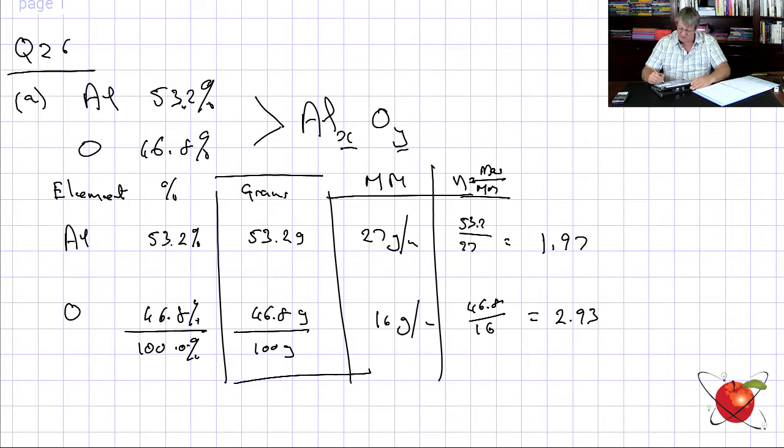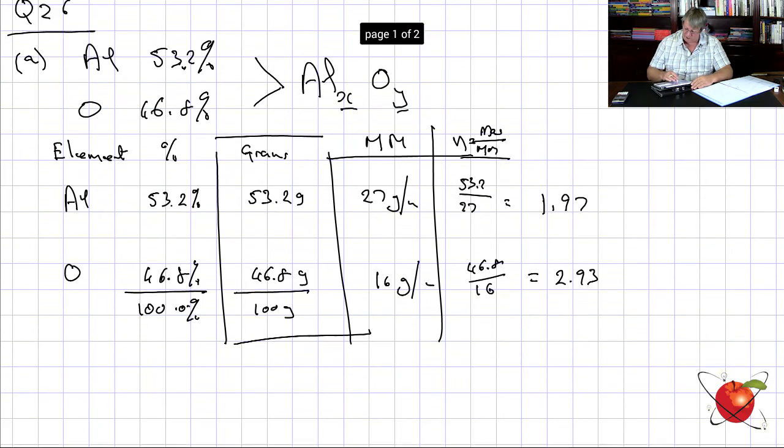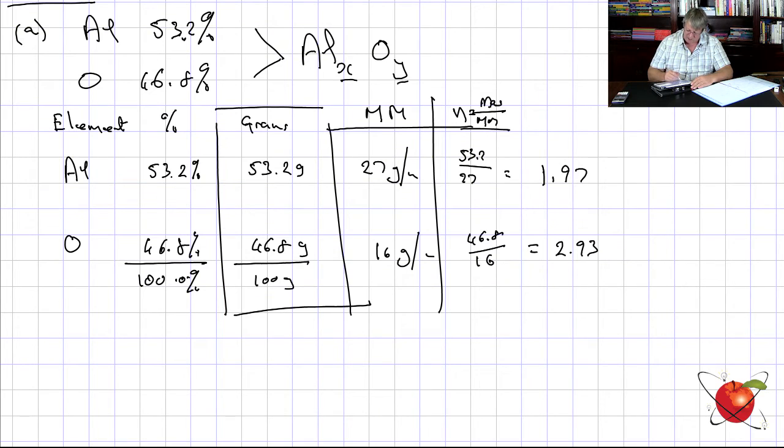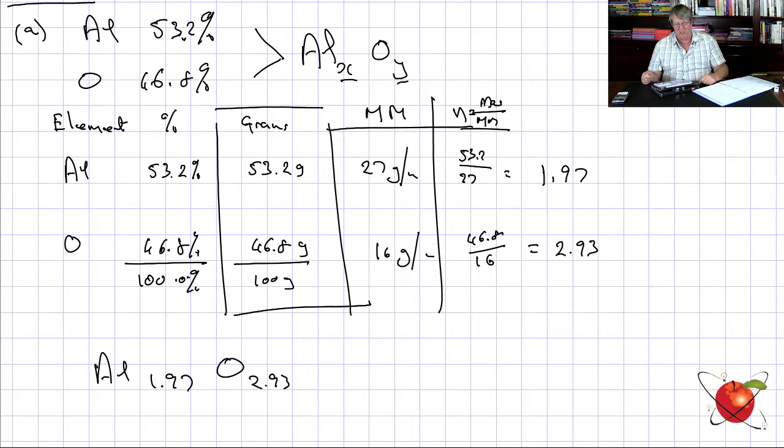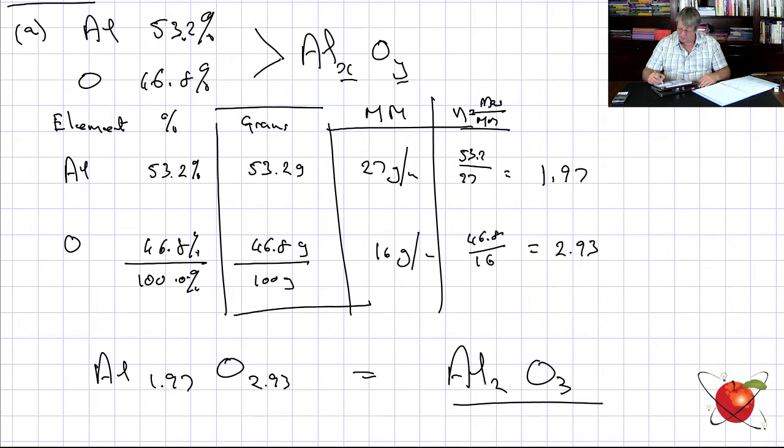Therefore, what does this mean? It's going to be Al 1.97, O 2.93. But hold on, we can't have 2.93 atoms of oxygen. So we round them up. It is Al2O3. These are very, very straightforward jobs. Not a problem to do at all.